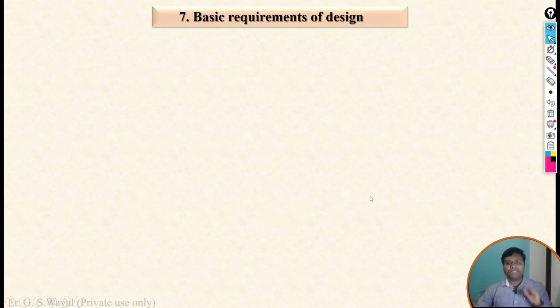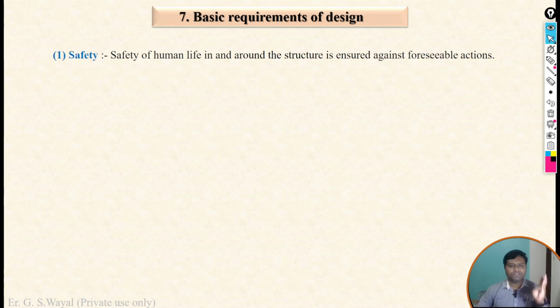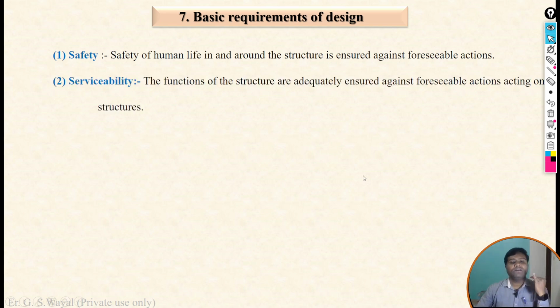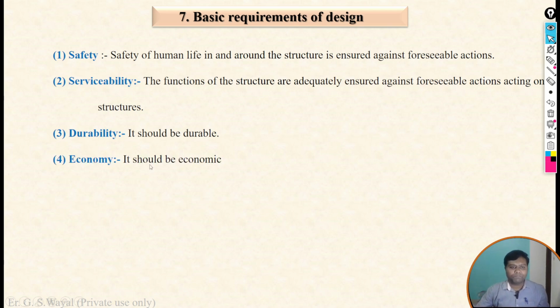The basic requirements of design, if you want to design any type of structure, are these points to keep in mind. First is safety; the structure should be safe. Then serviceability, meaning whatever deflection and additional effects are there should be resisted. Then durability, meaning the structure should have a maximum life period.